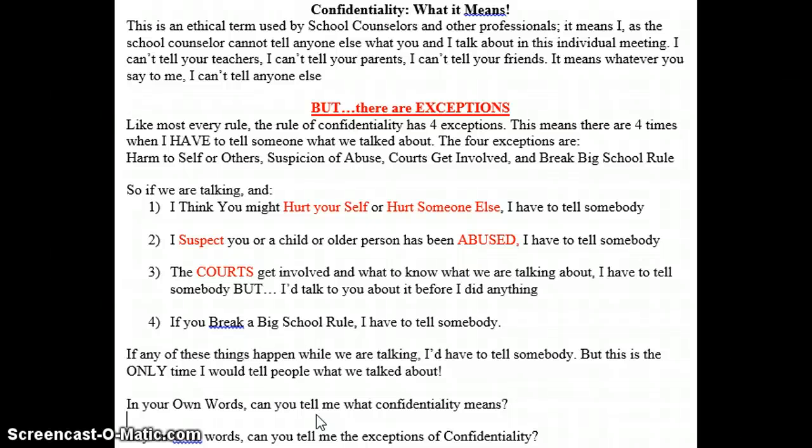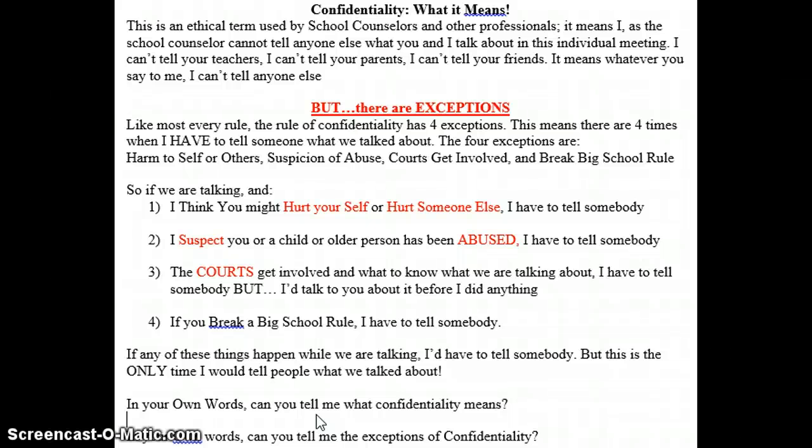You also have to give them examples of if the courts would get involved, okay? The examples I tend to give is that sometimes in truancy issues, the courts might get involved, a judge might want to know what you guys are talking about.